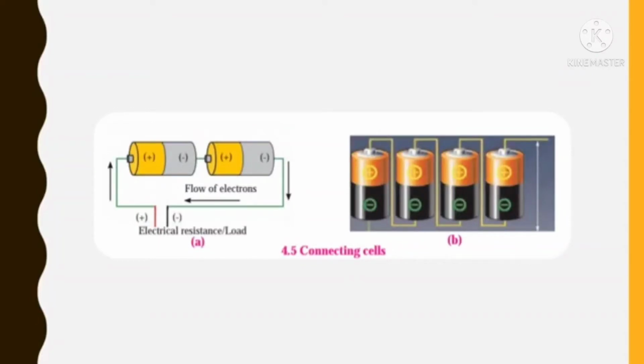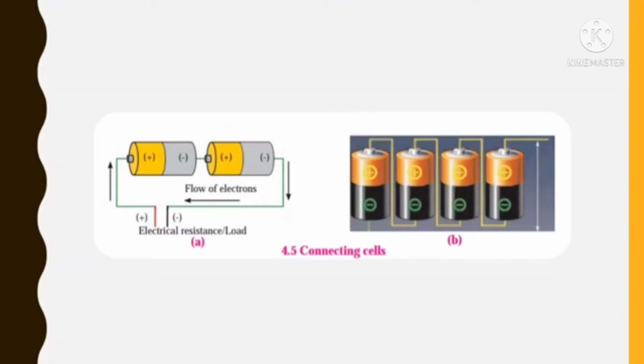So see the flow of electrons and electrical resistance and connecting cells. You have to write all the information regarding connecting cells in your notebook. Also, you have to learn by heart all these points related to connecting cells.